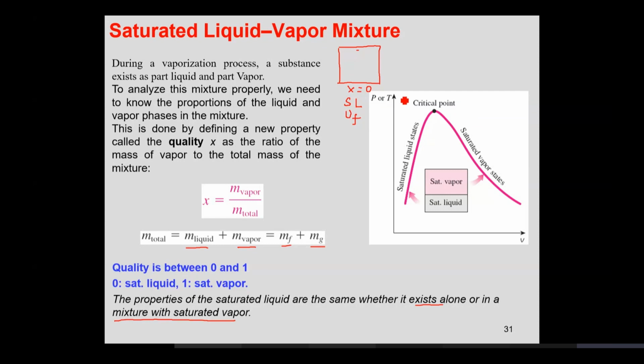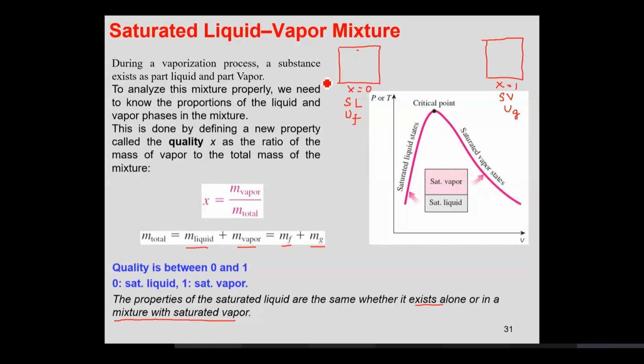All right. Now I have another state where x equals 1, and I have saturated vapor, and my internal energy value is UG. Clear enough? Same volumes.